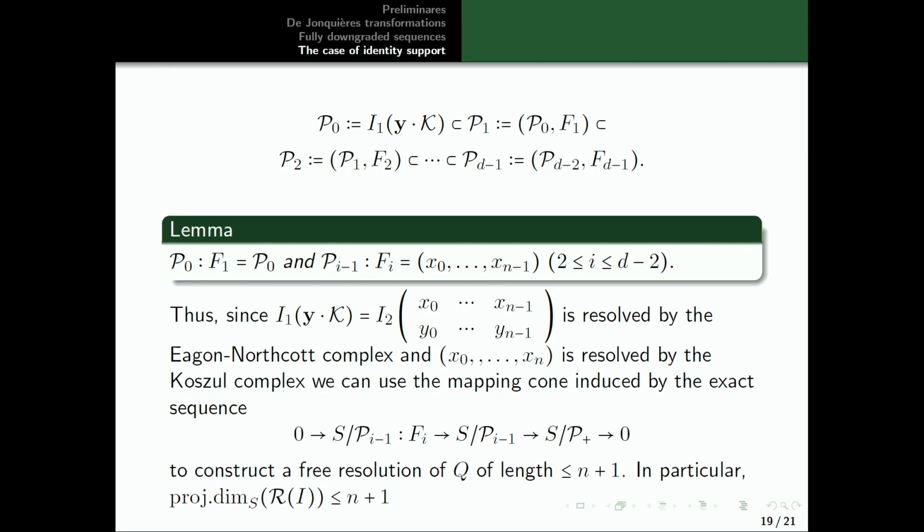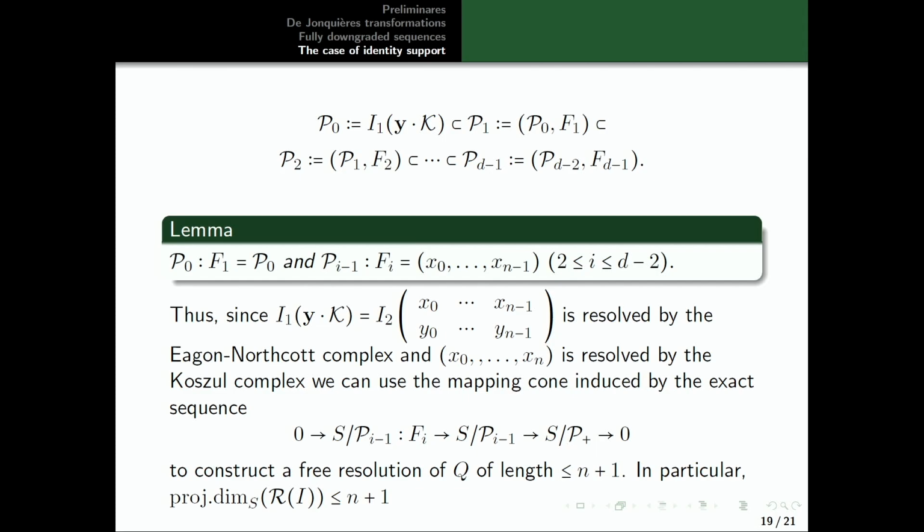The free resolution of this ideal is given by the Eagon-Northcott complex, and the ideal generated by the regular sequence is resolved by the Koszul complex. We can use this exact sequence to construct a free resolution of Q of length at most n plus 1.